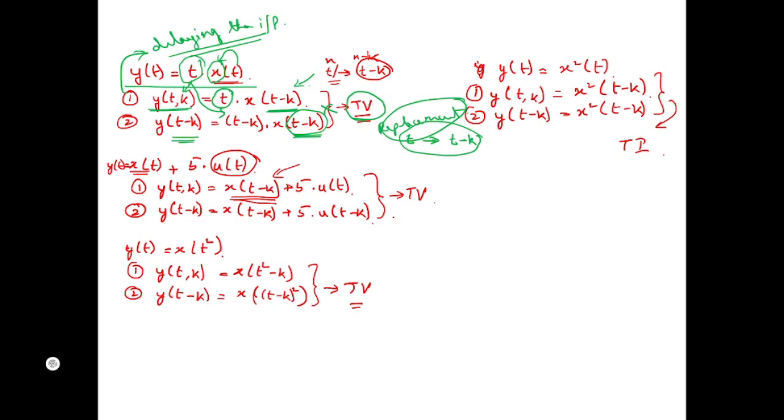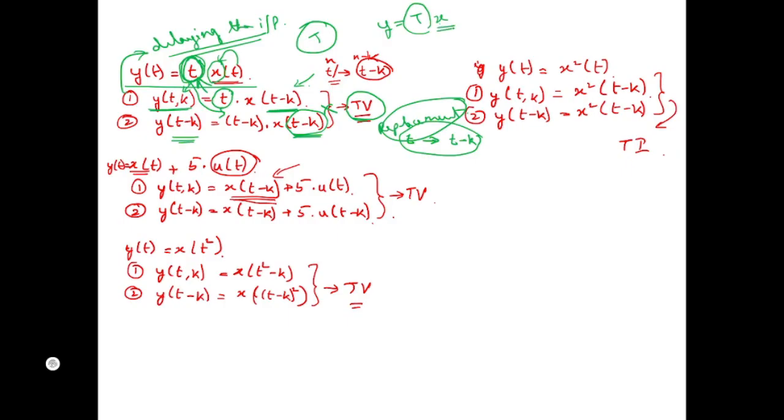We delayed it. In the delay, what is delayed? The signal is delayed. Is it a signal component? It is not a signal component. It is a part of the transfer function. So what we said: y equals t into x. This small t is not a part of the signal. It is basically a part of the transfer function. So what will get delayed?